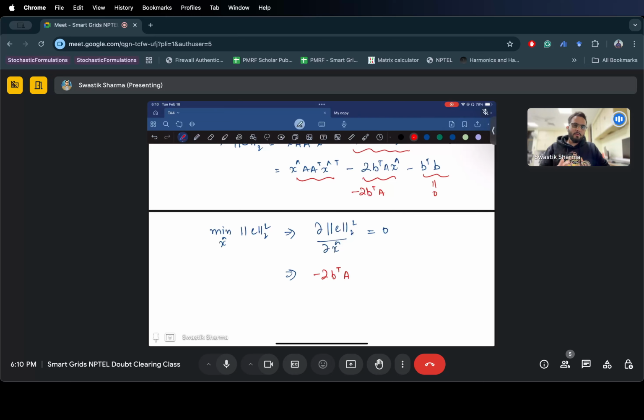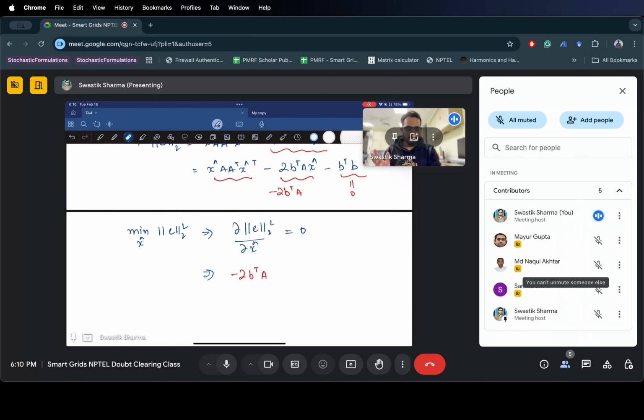So it's a quadratic function, right? It's a quadratic equation, right? Can anyone see that it's a quadratic equation? I just want you to see that this is a quadratic equation, nothing else. It's a quadratic equation in x cap, no? Anyone?